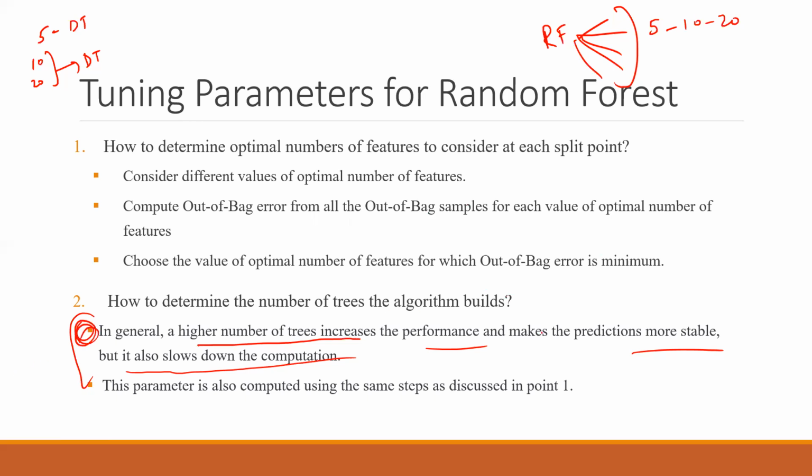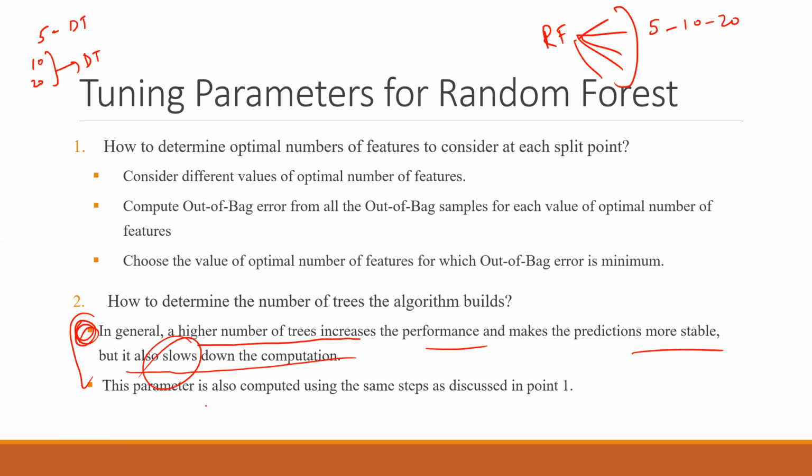But then there is a challenge that it will be slow. For obvious reasons, you have to implement 20 decision trees rather than only 5. You have to build 20 different bootstrap samples, and then make 20 different decision trees based on multiple features and factors, and make the decision based on the mode or mean.